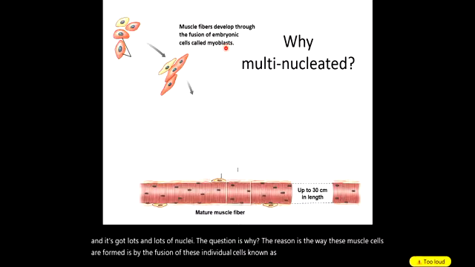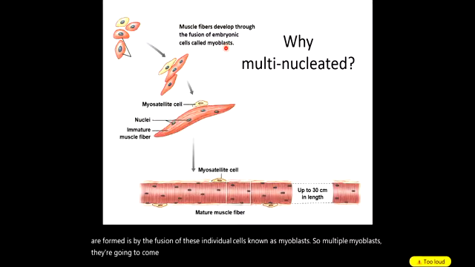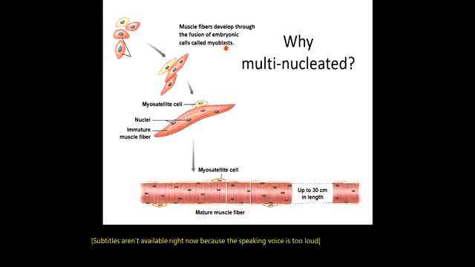So multiple myoblasts, they're going to come together and fuse, and that's how it leads to the formation of the entire muscle cell. And the interesting thing about the muscle cell is that it is very long. It's going to extend for the entire length of the muscle. So it can be up to 30 centimeters in length, right? So you can just pull out an entire muscle cell and it looks like a fiber.